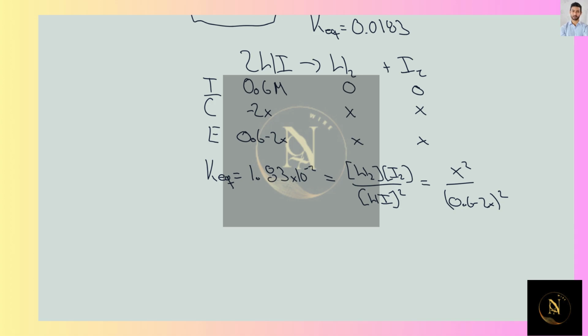So first step, we are going to pass all of this denominator to the left-hand side. So we have 1.83 times 10 to the minus 2 times 0.6 minus 2x squared is going to be equal to x squared.